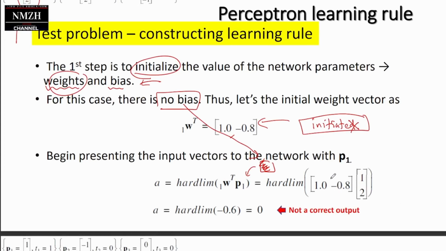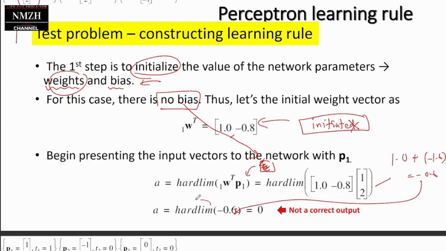Basically we have 1.0 plus minus 1.6, so now we have minus 0.6, right? This value needs to follow the activation function, the hard limit.